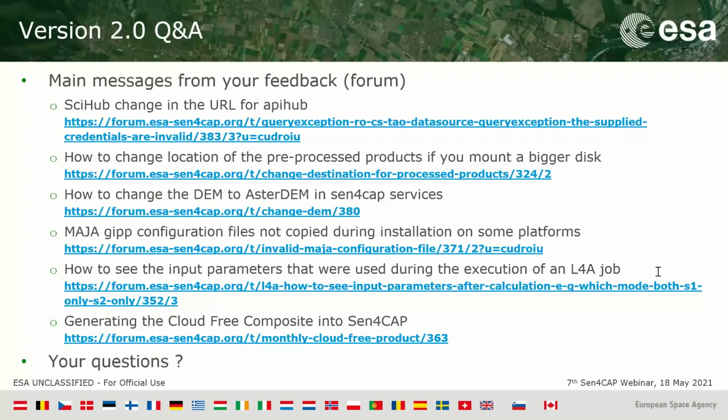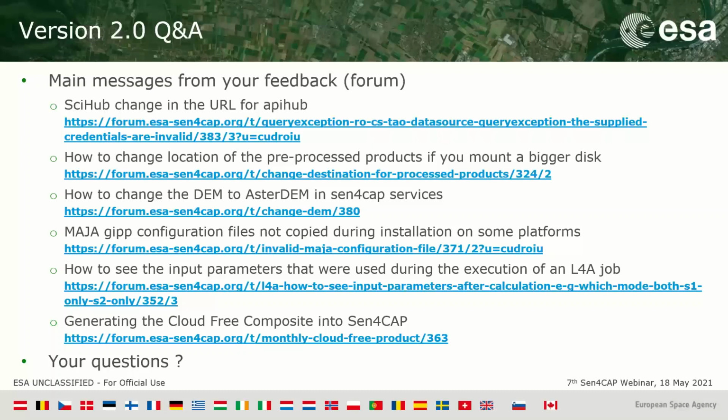Another issue discussed on the forum was the my-zip files configuration that are not always copied. So if you encounter this issue, you can have a look at this topic. Also, how to see the input parameters that were used when executing some steps of some processors.